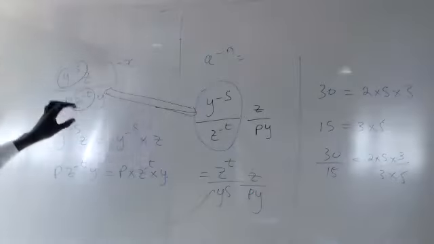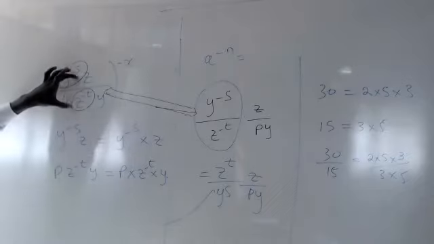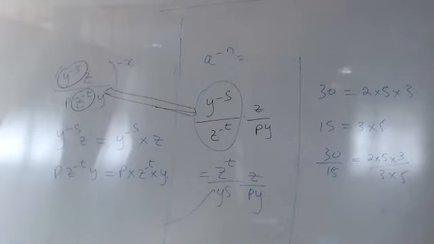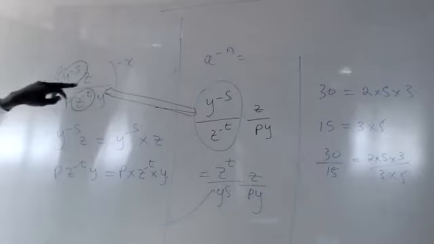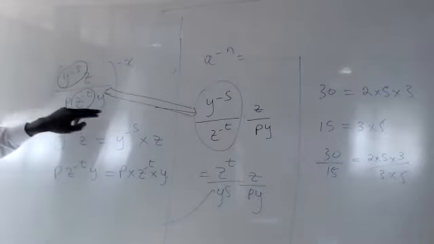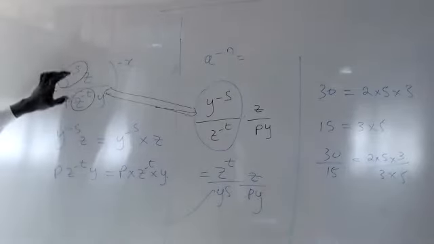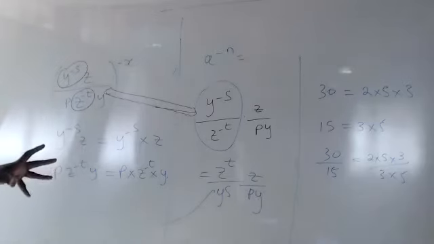So similarly, in this case, I'm only interested in the terms that contain the negative exponents. My goal is to eliminate the negative exponents and leave the ones which have positive exponents the way they are. So that's why I'm not caring about z, p, and y. I only take the terms which have negative exponents.